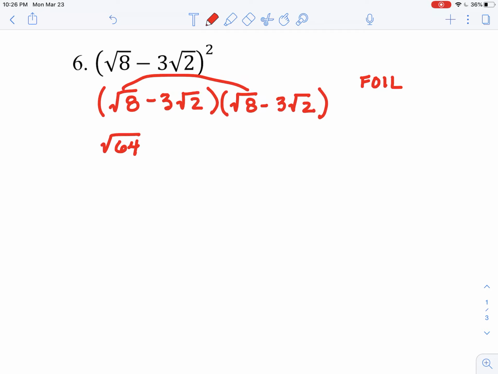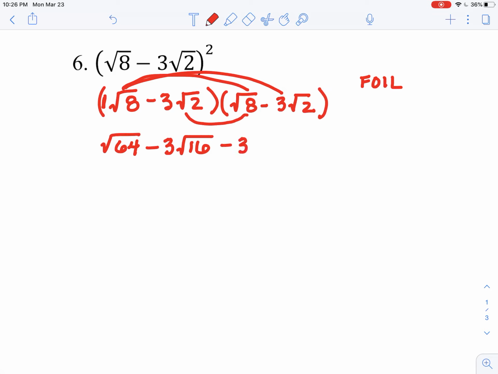For the outer two terms, outside of the radical signs, I have a 1 times a negative 3, so that makes minus 3. Underneath of the radicals, 8 times 2 is 16. For my inner terms, I'm multiplying negative 3 root 2 times the square root of 8.